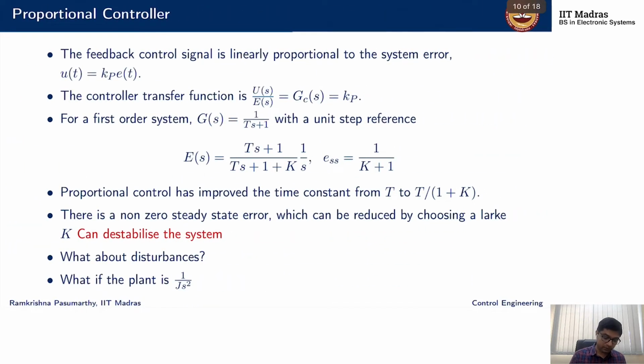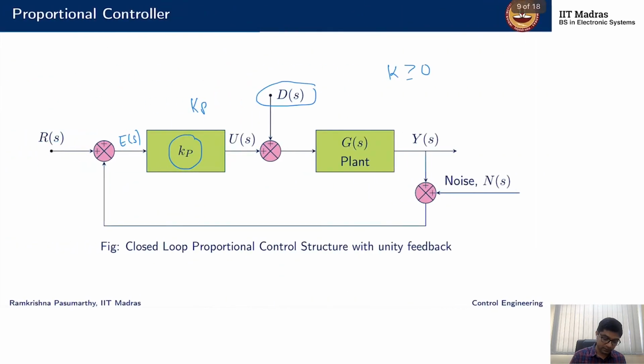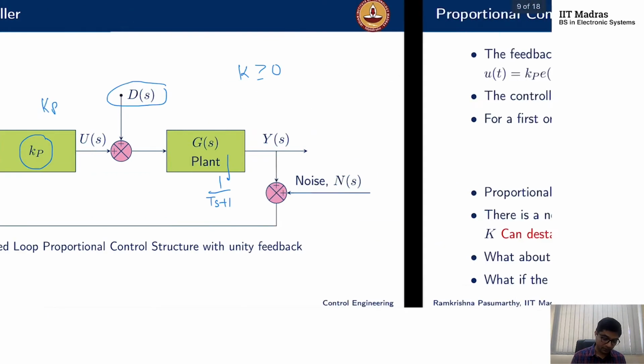Let's talk with the first order system, where this G of s is now 1 over Ts plus 1, and here I just have a Kp.